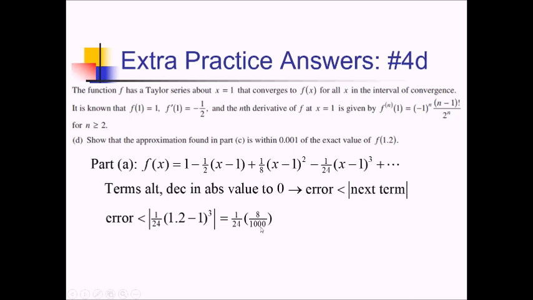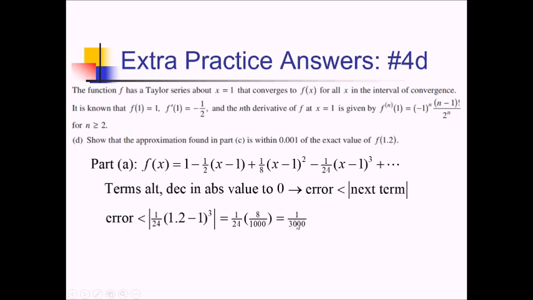The reason this makes my life easier is because now I can do something with this and the 1 over 24 to come up with a single number. The 8 and the 24 can cross-cancel here, because we have multiplication going on. So I can rewrite this as really just 1 over 3 times 1 over 1,000. So that's 1 over 3,000.